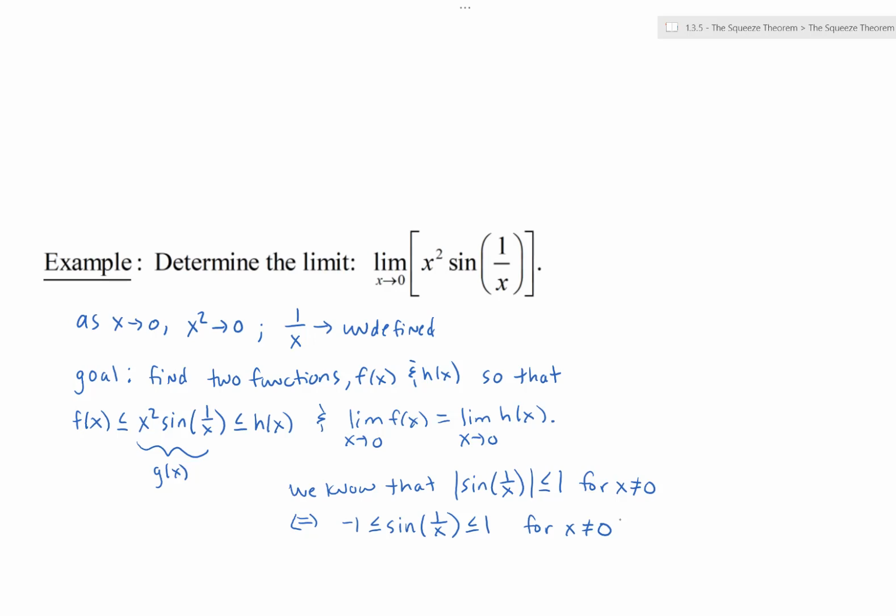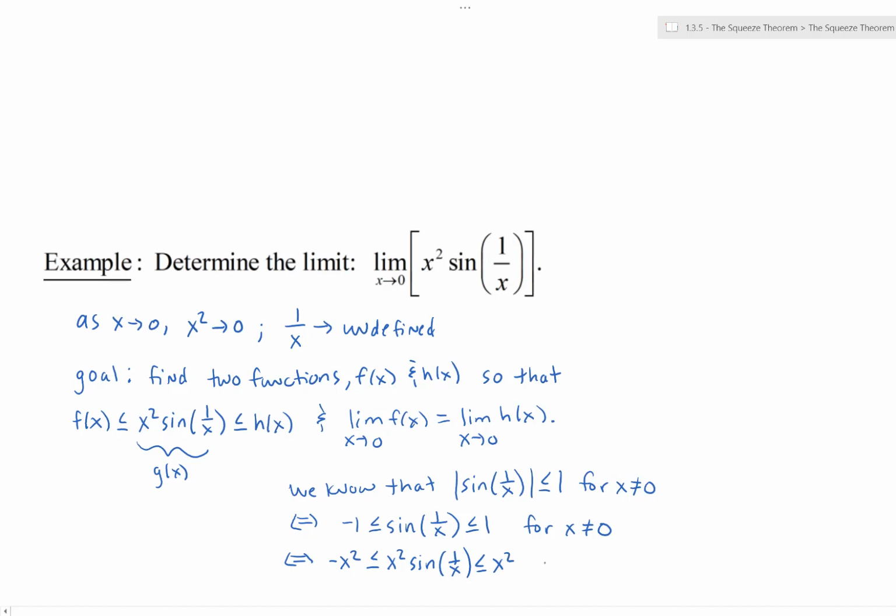Now we're not quite there yet, because we still have that x squared that needs to be attached. That middle function in this inequality needs to be the x squared times the sine of 1 divided by x. But this is a compound inequality, and for values of x that are not 0, we know that x squared is going to be positive. And hence I can multiply all terms in this compound inequality by x squared, and it results in negative x squared less than or equal to x squared times sine of 1 over x less than or equal to x squared.